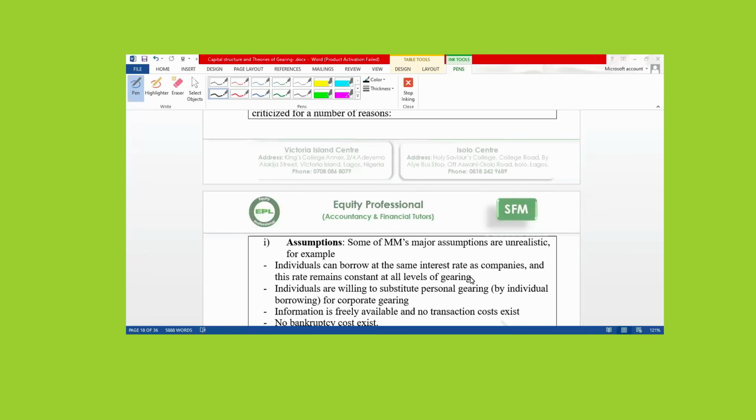Borrowing rates for individuals cannot be the same as for companies. A personal loan is different from a corporate loan.